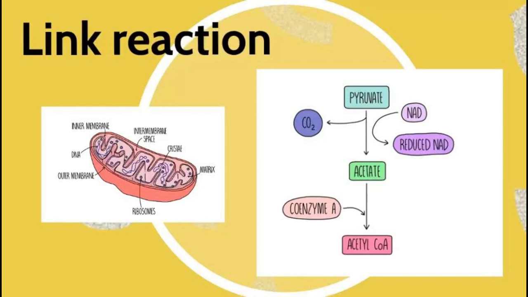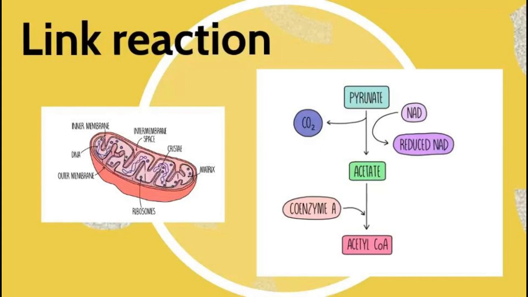So let's just go over that very quickly. The link reaction is basically going to transform the 2 pyruvate molecules that we got from glycolysis into an acetyl-CoA, which has 2 carbons in order to enter the Krebs cycle. This is occurring in the mitochondria. Actually, more specifically, it's occurring in the mitochondrial matrix.